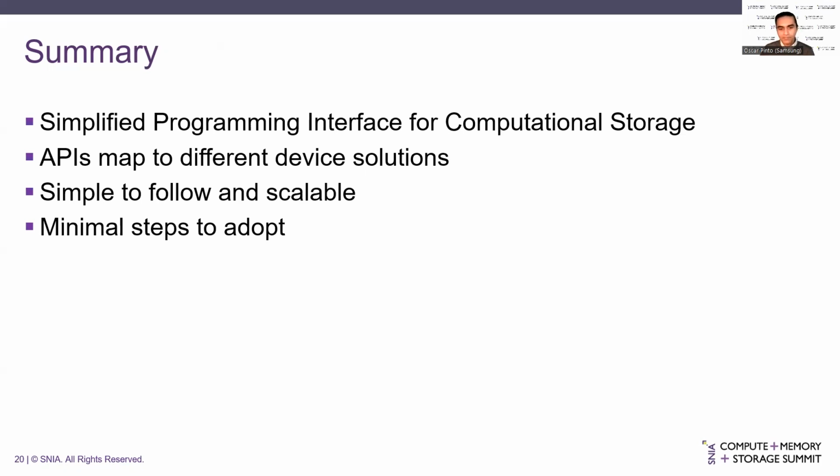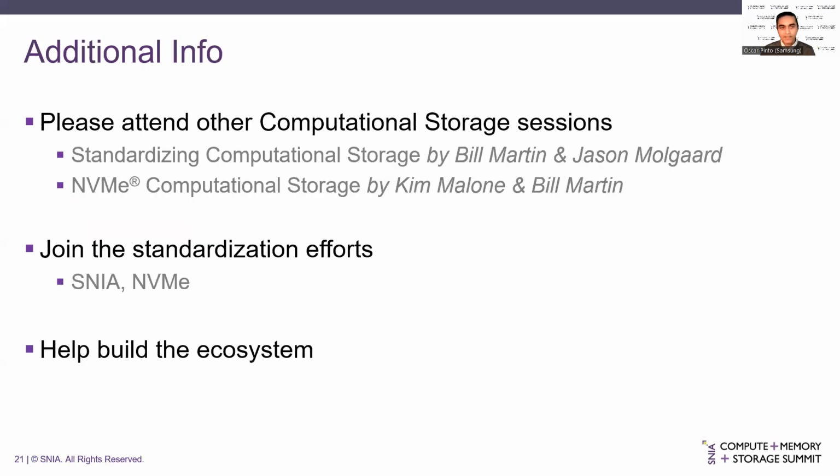They don't get down to the device details. They're simple to follow and scalable, because you could be attached locally or remotely, and that actual implementation is hidden beneath the layers using the plugin interface and so forth. Likewise, they have very minimal steps to adopt. And that's it. That's all I had for today.